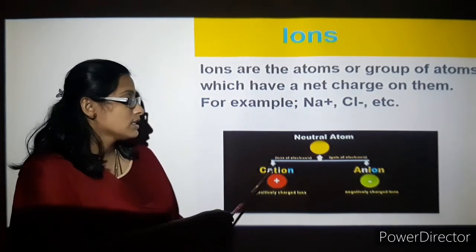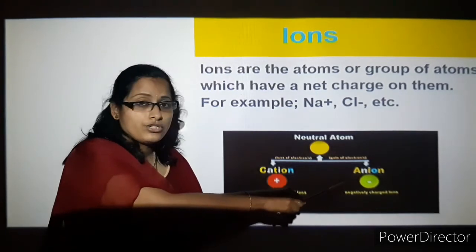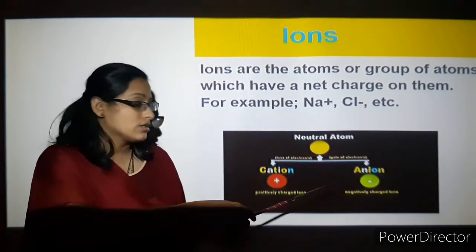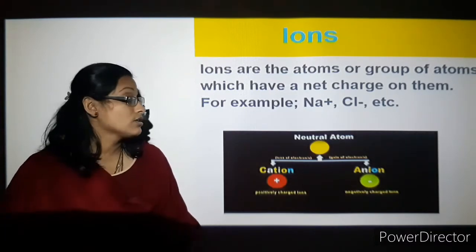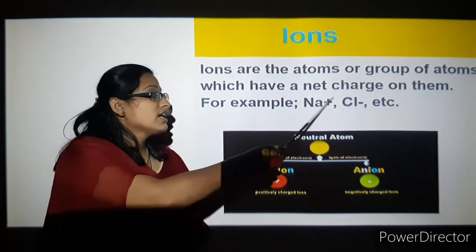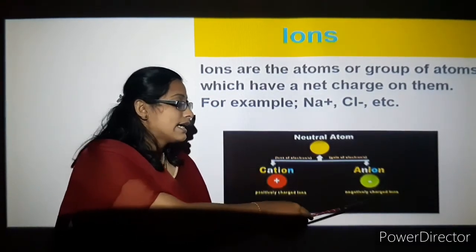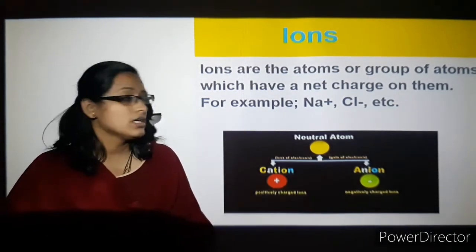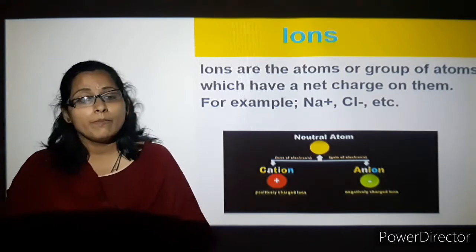So they are differentiated into two different ions based on their charges. A cation is positively charged, because it gives away its electrons. An anion is a negatively charged ion, which takes electrons from the metals.